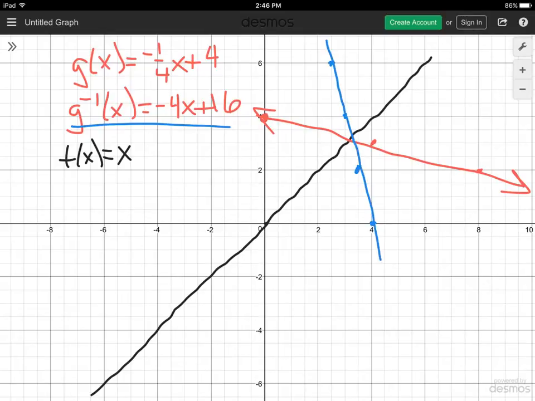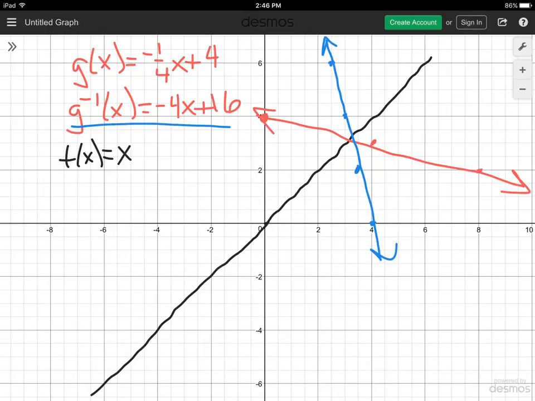And you see that these, in fact, would be reflections over the y equals x line. Now, like I said, I was unable to really start up here on the y-axis because I had to go to 16, and it's not there. But once I found this point, instead of going up 4, because then I'm going really too steep, I am able to count just these little lines also.